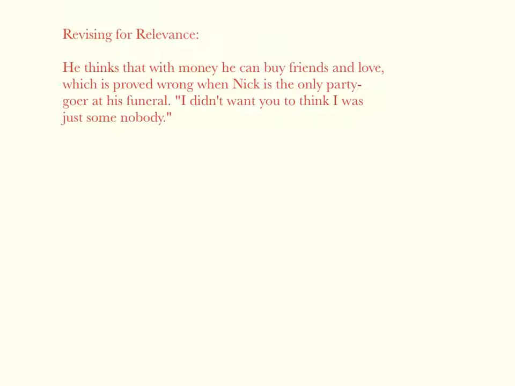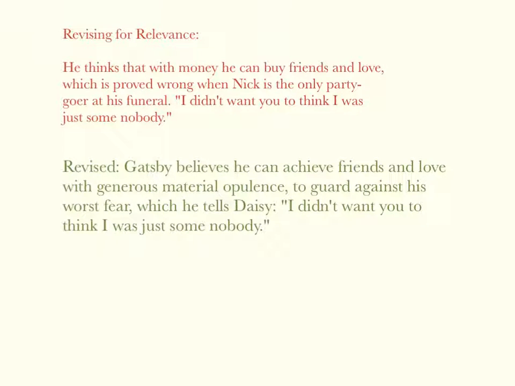All right, the sentence that needed to match the quotation, the evidence, more completely with the introducing analysis is here. And here is how I would revise it. Okay, and revised: Gatsby believes he can achieve friends and love with generous material opulence to guard against his worst fear, which he tells Daisy, "I didn't want you to think I was just some nobody."